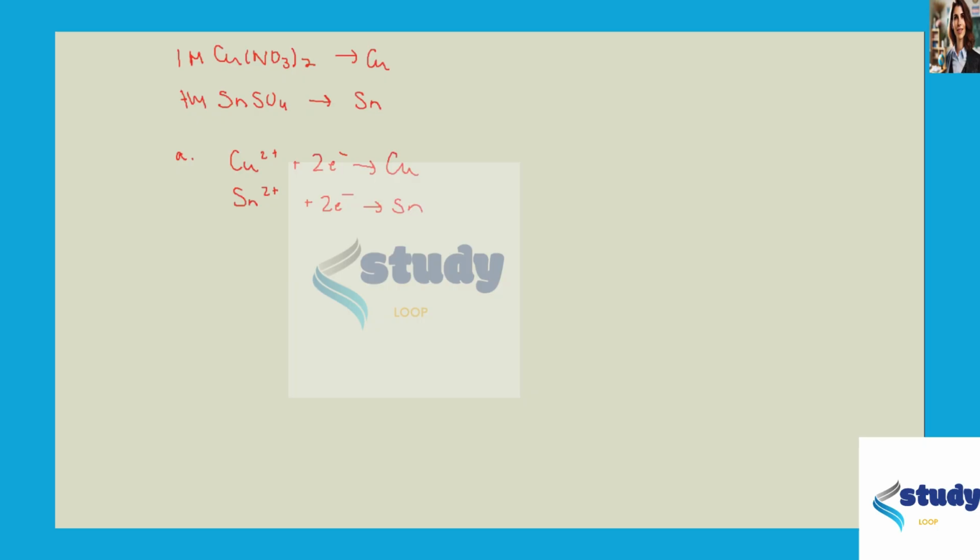So what we need to do is look up the electric potentials on these and figure out what's being oxidized and what's being reduced. The reduction potential for copper is a positive 0.34 volts, and the reduction potential for tin is a negative 0.14 volts.